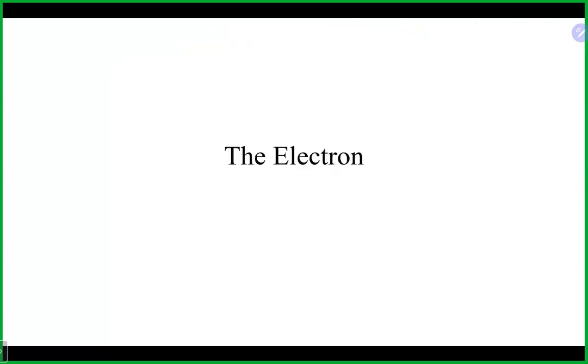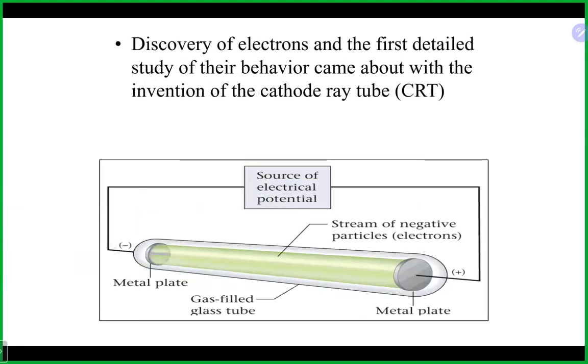The first particle we're going to look at, and some of its properties, is the electron. As I mentioned a second ago, electrons are negatively charged particles. The earliest experiments done to look at electrons, or the atom, were experiments done with a cathode ray tube.